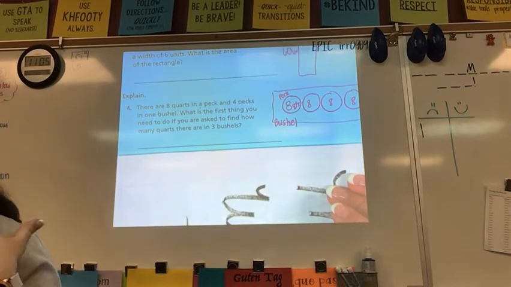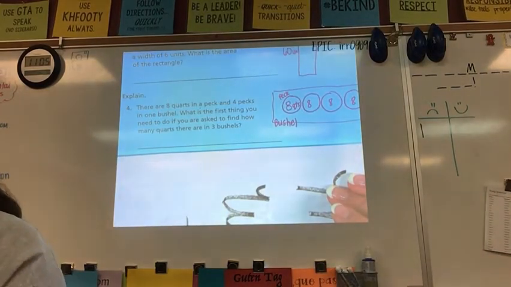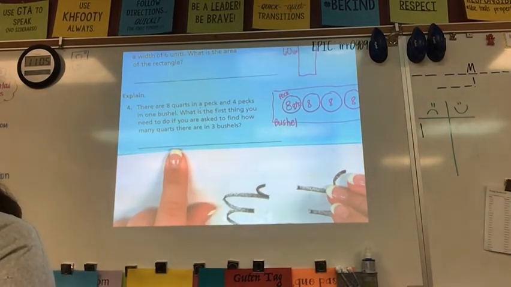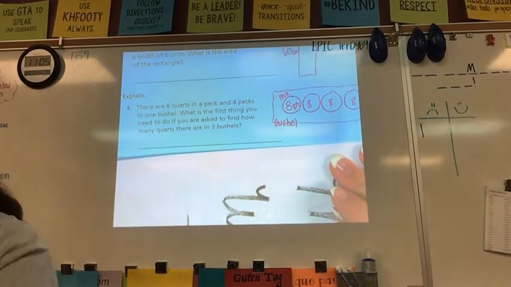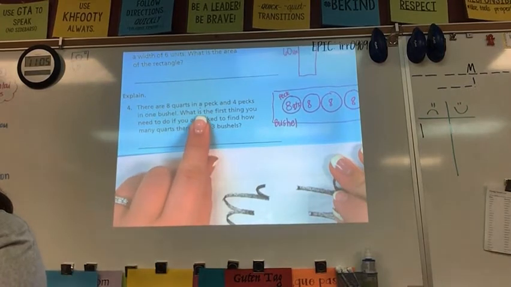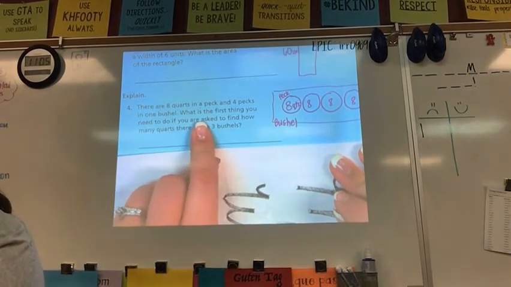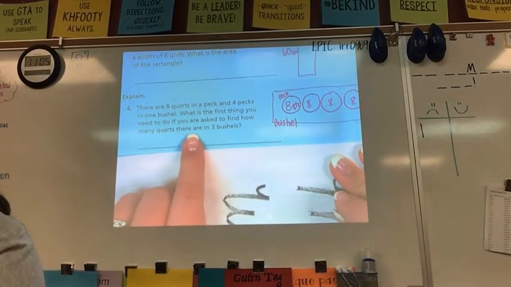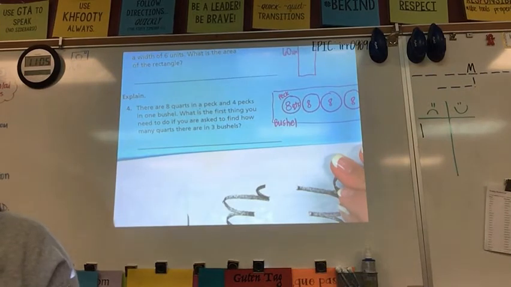Before I can figure out how many are in 3 bushels, I need to figure out how many are in 1. Did they want you to solve this problem? Yeah. Explain. Let's read this question again. What is the first thing you need to do if you are asked to find how many quarts there are in 3 bushels? Do you actually have to figure out how many are in 3 bushels?